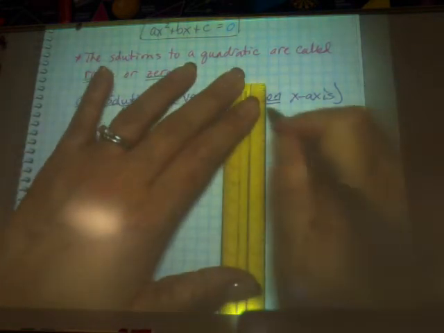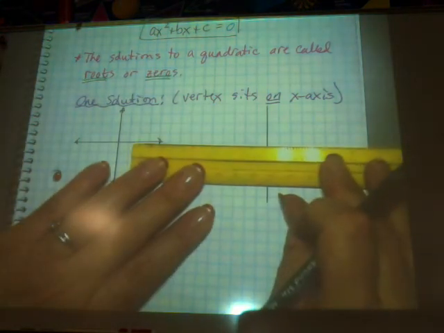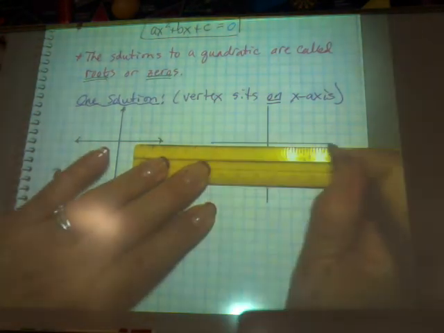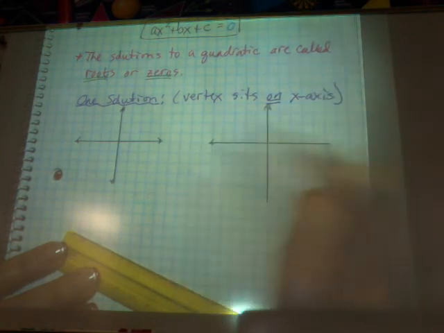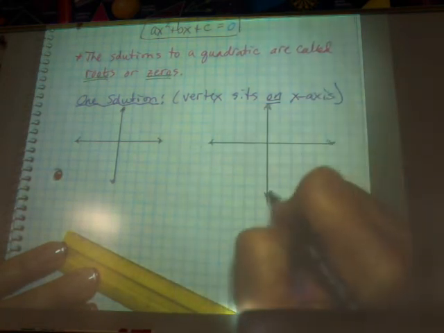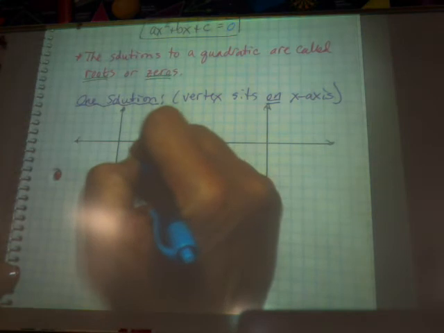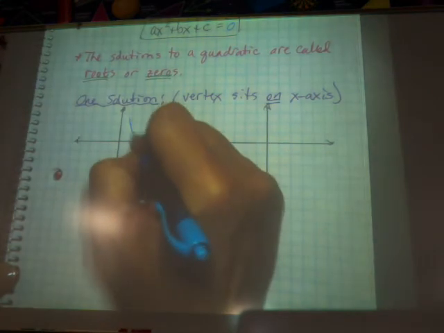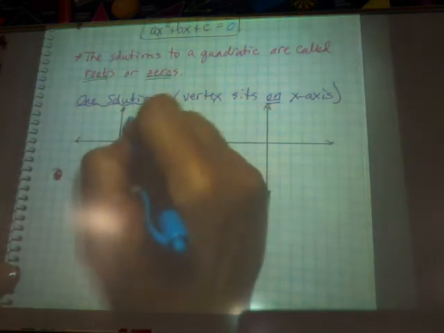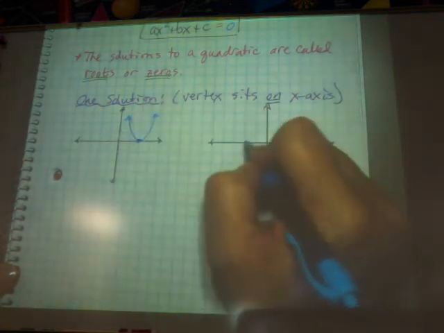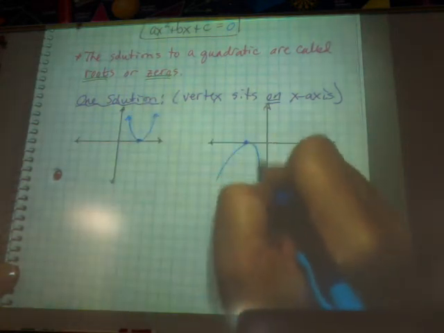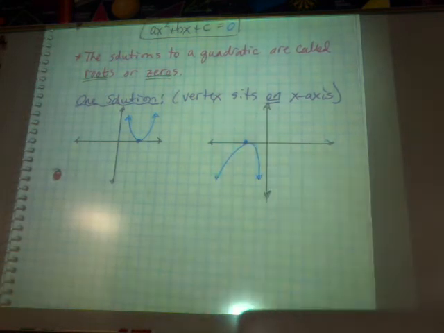And the second one. All right, so if my vertex is sitting on the x-axis, my vertex could open up or down, and I'll still get one solution. It doesn't matter what side of the x-axis that vertex is on. If it opens up or down, still one solution, as long as that vertex is sitting on the x-axis.